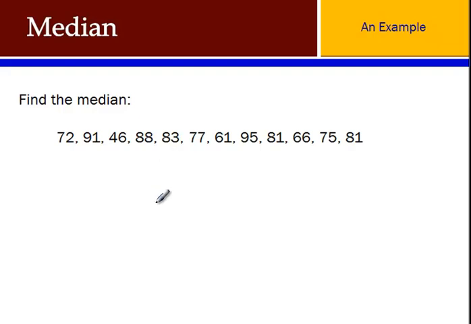Once again, here is where we need to have the numbers listed from smallest to largest. This is the same data set we've been looking at.